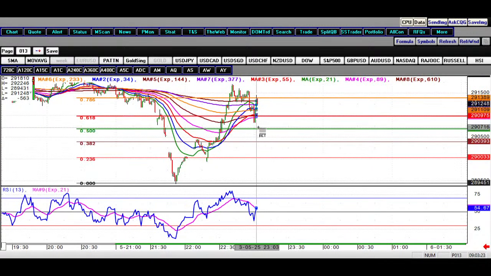Again, 8.5 is a comfortable entry, and the next levels of entry are 2904 or 2900. So we have three entries we are looking for, and it is up to you to decide which entry you want to take.